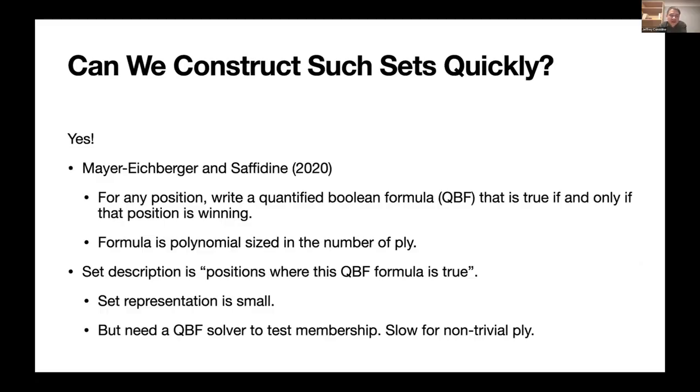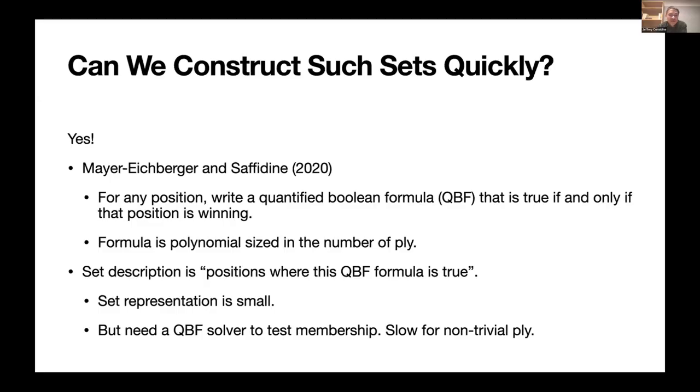So the question you might have is, can we make small versions of these sets quickly? And the answer to that is yes. There's work by Meyer, Eichberger, and Saffidine back in 2020 where they said we can write quantified Boolean formulas that tell us whether a particular position is winning or losing. And these formulas aren't that big. Polynomial sized. I believe the latest iteration of this work is linear sized in the number of ply.